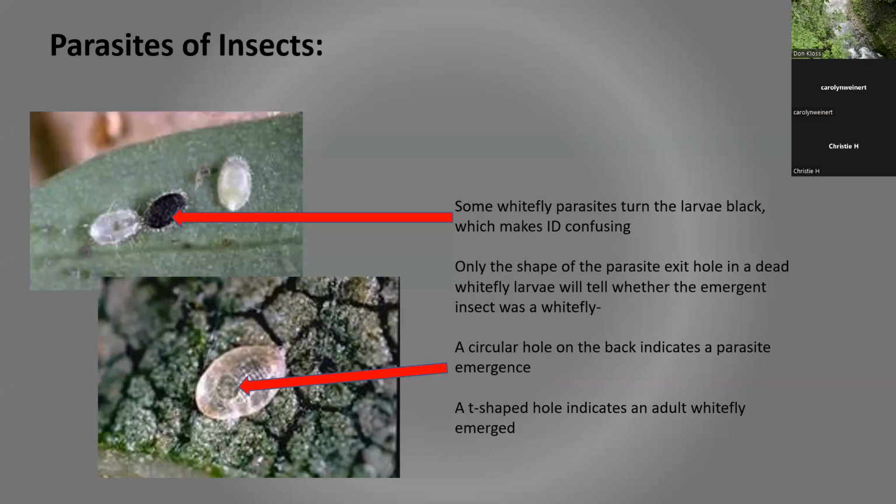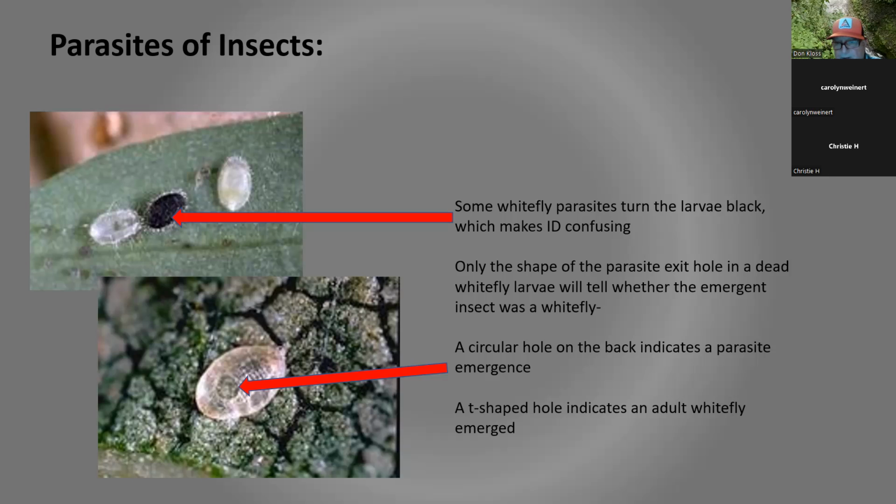Now, there are some parasites, and I did not put names here because they only have scientific names, and there's literally dozens and dozens of them. Parasites of whiteflies. And again, here we have the larvae, and they turn the larvae black because the eggs are developing into larvae inside these larvae, and it makes the ID confusing.